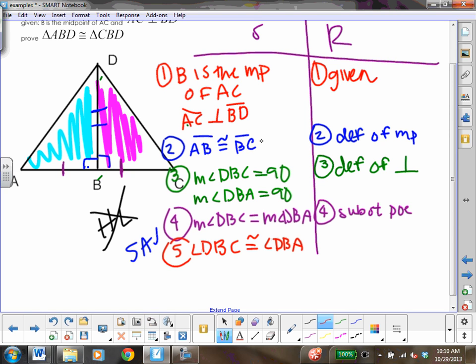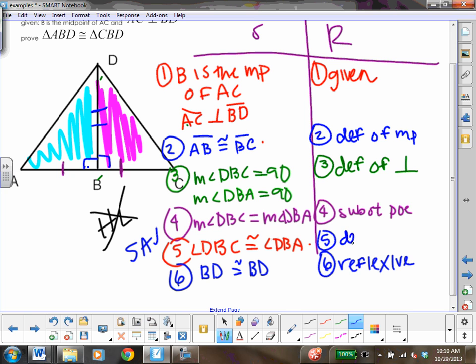So I have one pair of congruent sides, one pair of congruent angles. So I need the second pair of congruent sides, which would just be BD is congruent to BD because of the reflexive property. This reason was just the definition of congruence.